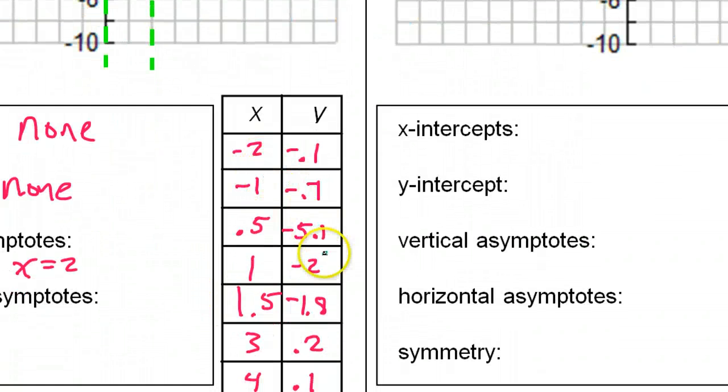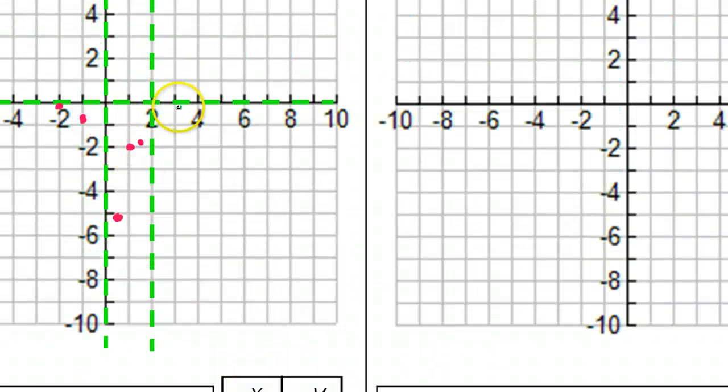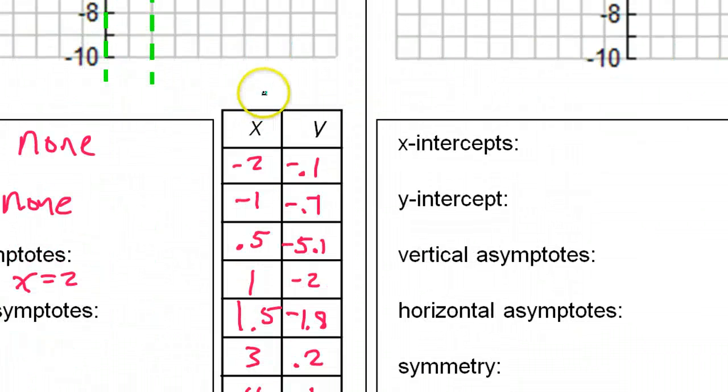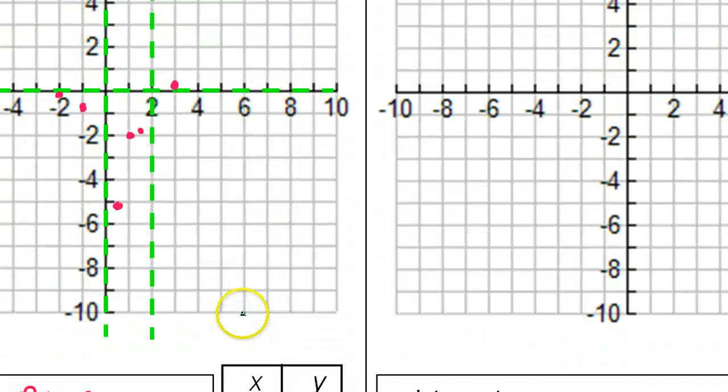All right, I'll come back to that one. At 3, we're at 0.2. All right, 3.2 is like right here. And at 4, we're at 0.1.